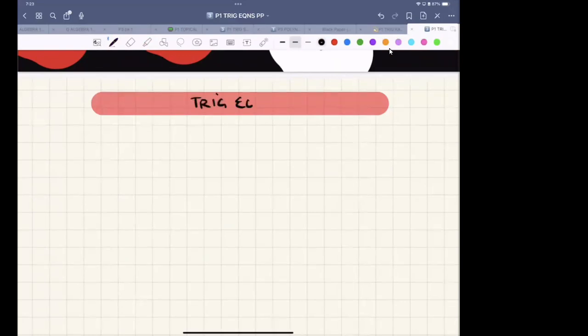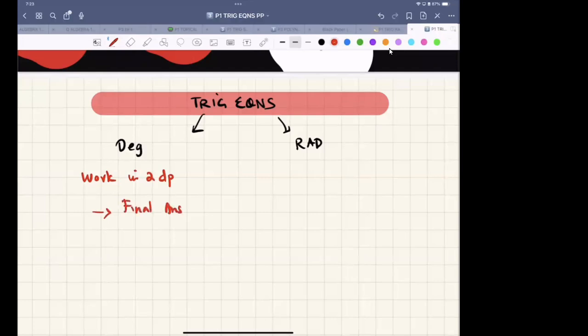Now, when we are talking about trig equations, we could be working in degrees, or we could be working in radians. In degrees, work in 2 decimal places if the answer is not exact, so that the final answer is given to 1 dp.